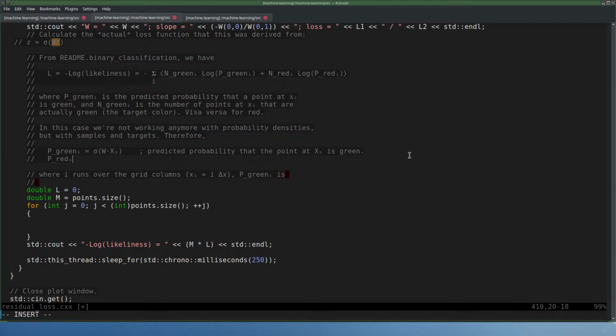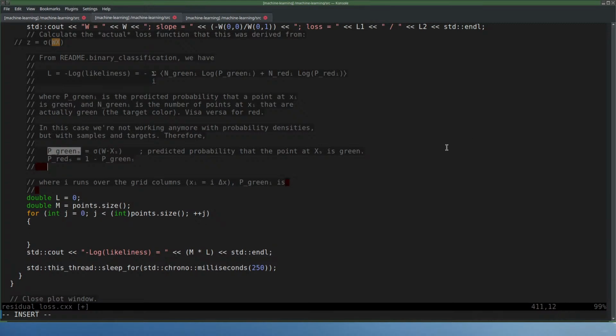Okay, then obviously the chance that it is green is 1 minus that. That doesn't change. Chance that it is red, I mean. Doesn't even need a comment.